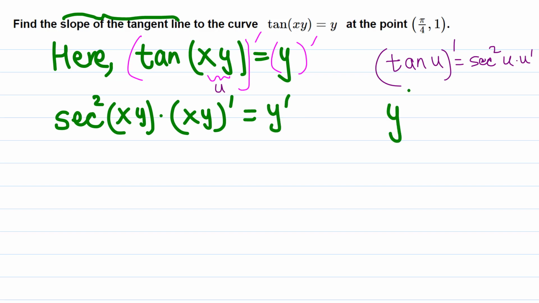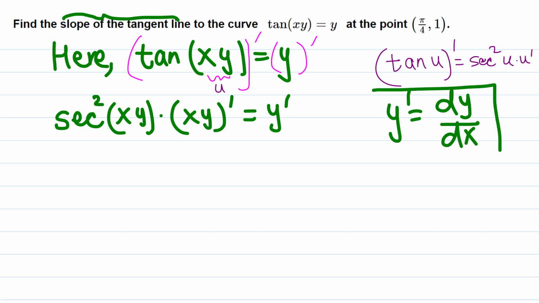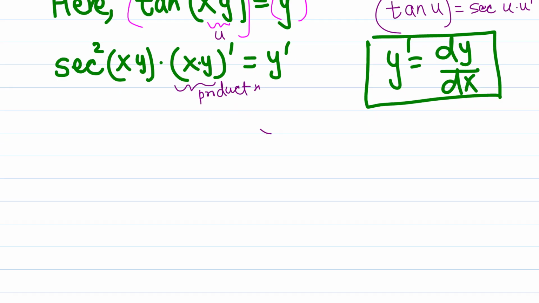By the way, y prime is the derivative of y with respect to x, and this is the slope of the tangent line. Here we are not done because u is x times y, so we must use the product rule because we got a product.